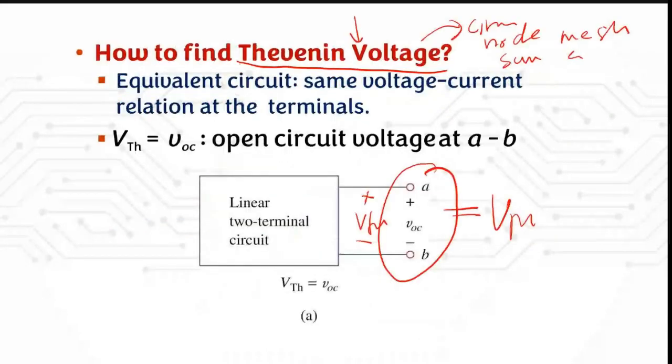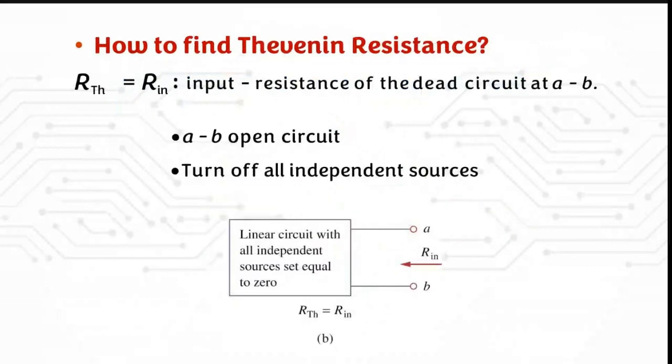Then we have the Thevenin resistance. We have a few methods to calculate it. The Thevenin resistance is equal to R in, the input resistance at the dead circuit of the A and B port.